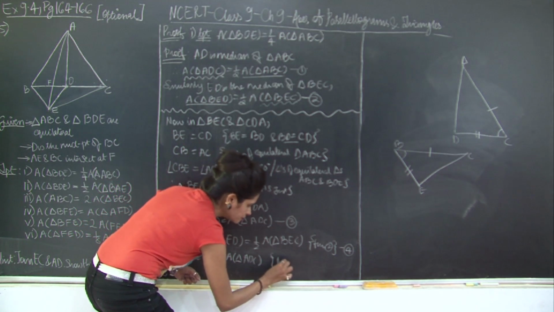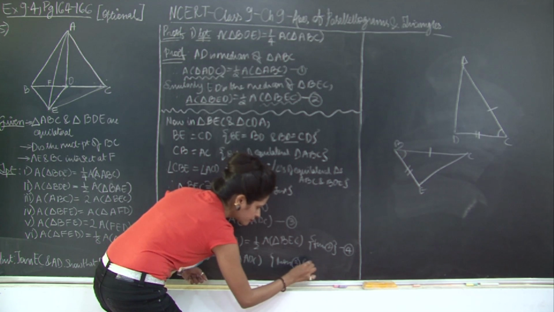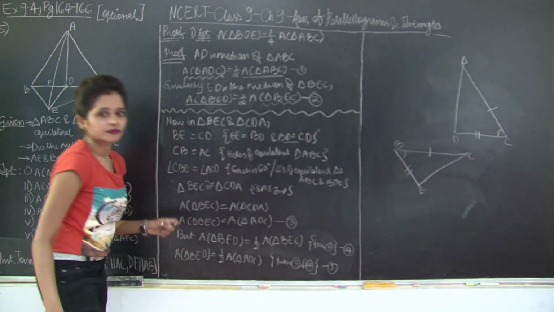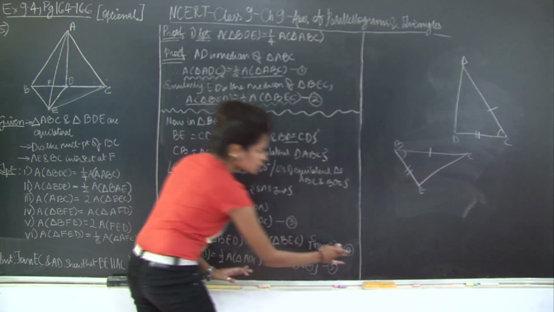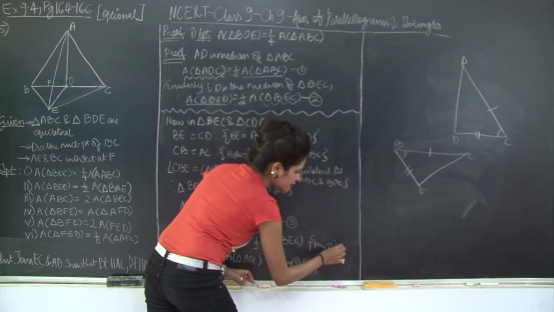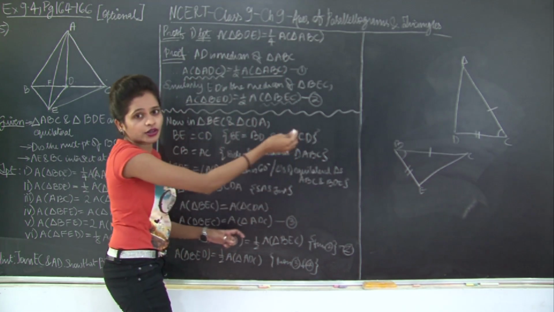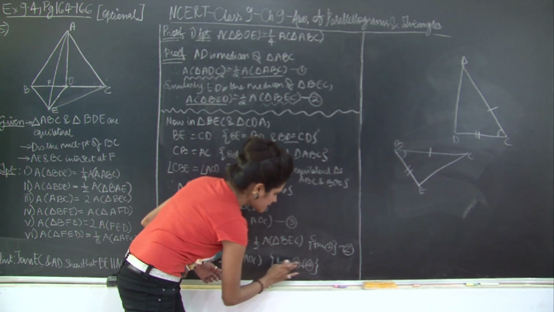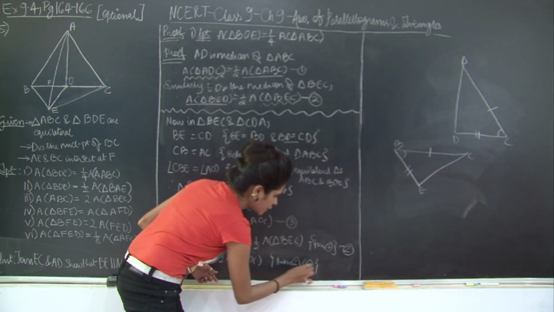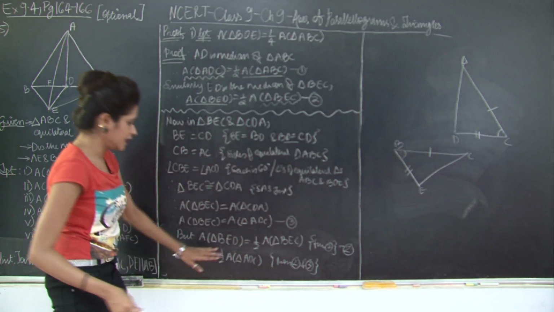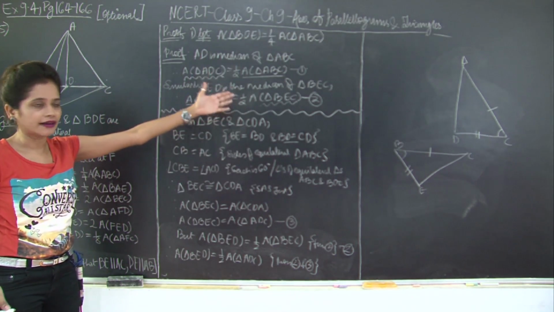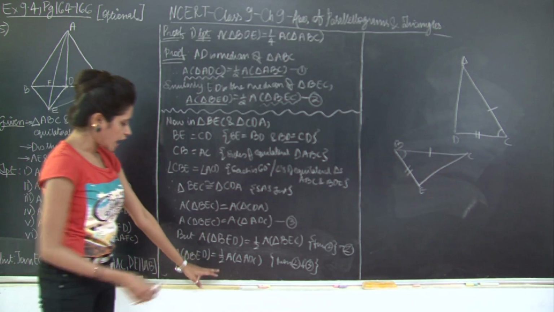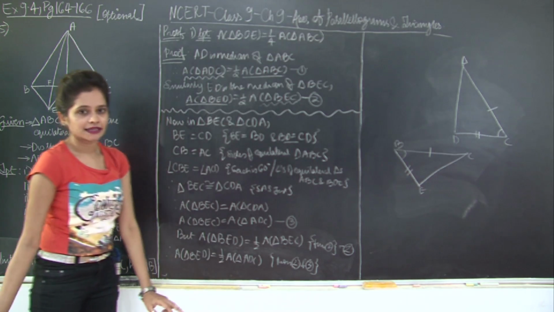I'll say from 3 and 4 and I'll mark this as 5, right? Or you can keep this as 2 itself because we already have this here. So it's no point rewriting, giving different numbers to the same thing. So here I'll say from 2 and 3. We are just repeating this again so that you do not have to go back and keep looking for where we have proved this. We know that we have already proved this. So now again about ADC.